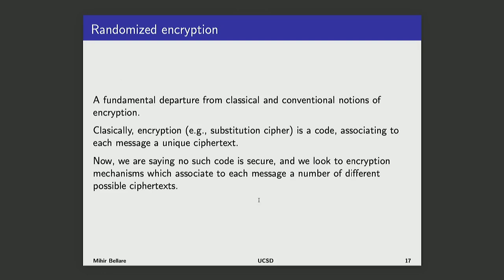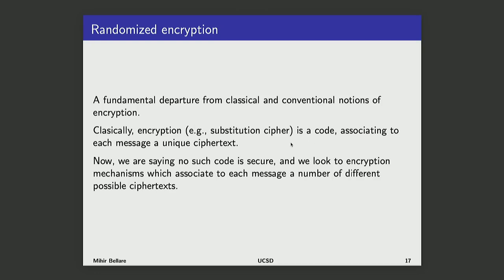Okay, so before we give solutions, however, it's good to pause and appreciate the conceptual point here, which is that this is a departure from conventional notions of encryption. Both historically, up to pretty much the 1980s, and cryptography existed for thousands of years, and still in the popular mind, there's no difference between encryption and a code.